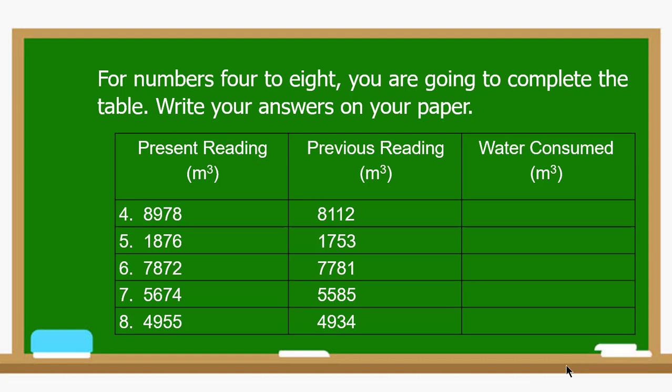Number 7, 5,674 meter cube is the present reading, while the previous reading is 5,585 meter cube. And number 8, the present reading is 4,955 meter cube, and the previous reading is 4,934 meter cube.